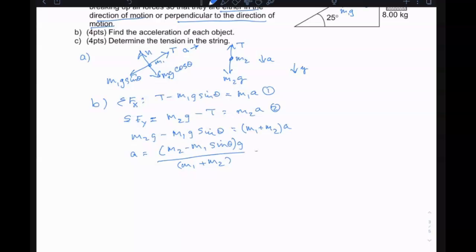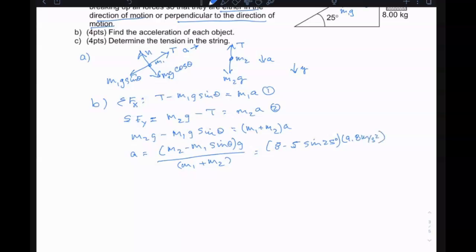So if I carefully put in the numbers, I've got mass 2, which is 8, minus mass 1 times the sine of 25 degrees times g, 9.8 meters per second squared.